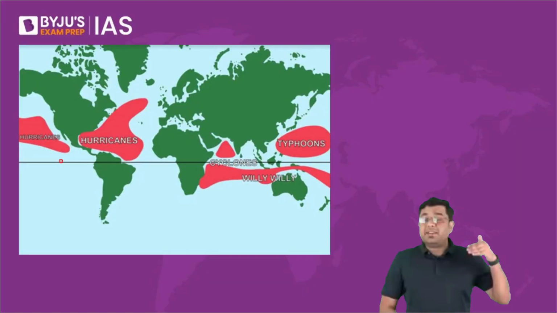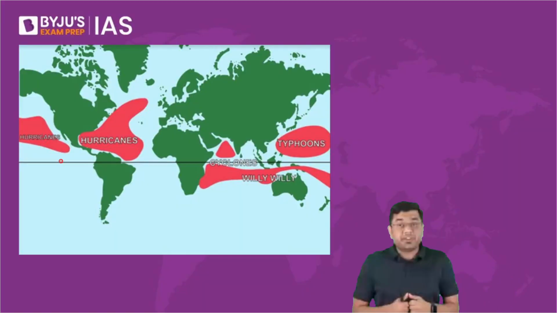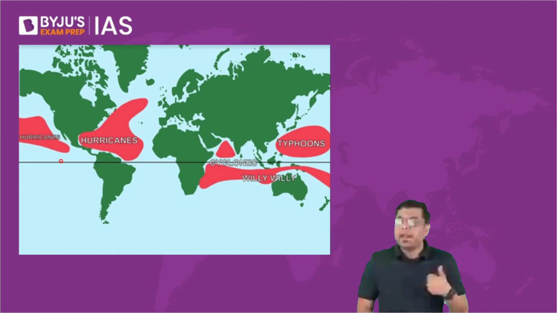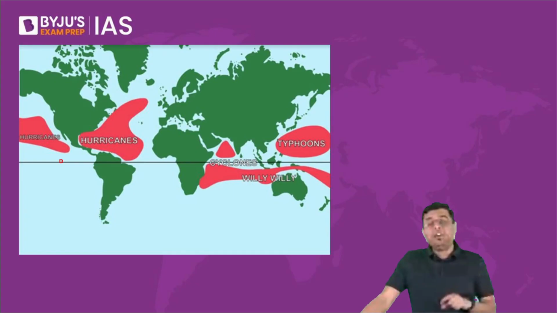We observed that this cyclone will be formed mostly during which season? The winter season. And why is that? Because the difference between the warm and the cold air mass is significant in the winter season as compared to the summer season. We also observe that this cyclone will be formed in great majority and in great frequency in the northern hemisphere, because the northern hemisphere is dominated by landmass.